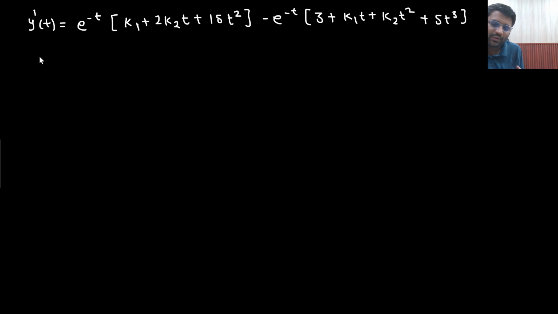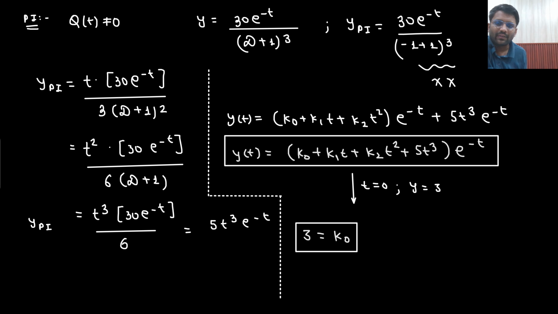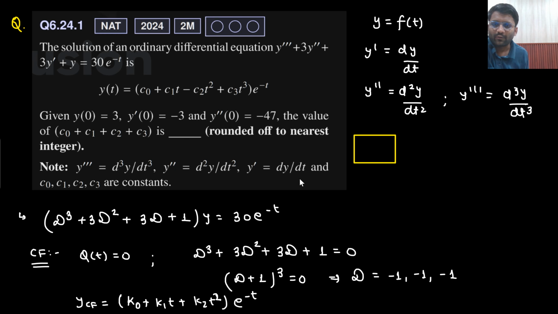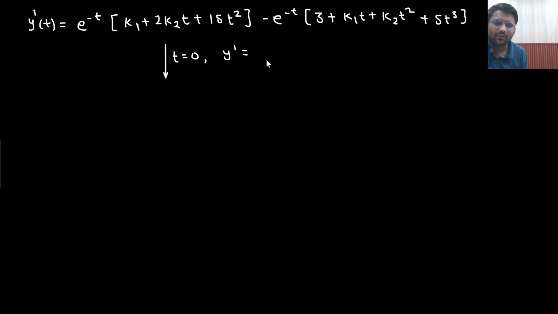Now in this y dash t, what you are supposed to put is that if you put t equals to 0, then the value of y dash you will be getting would be minus 3. So here you will get minus 3. E to the power 0 will be 1, this will be 0, so you will be getting k1 here, minus 3 only, right?